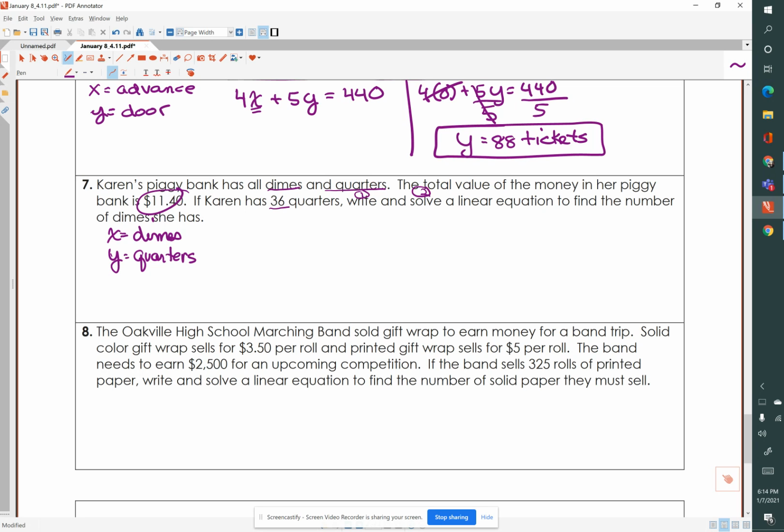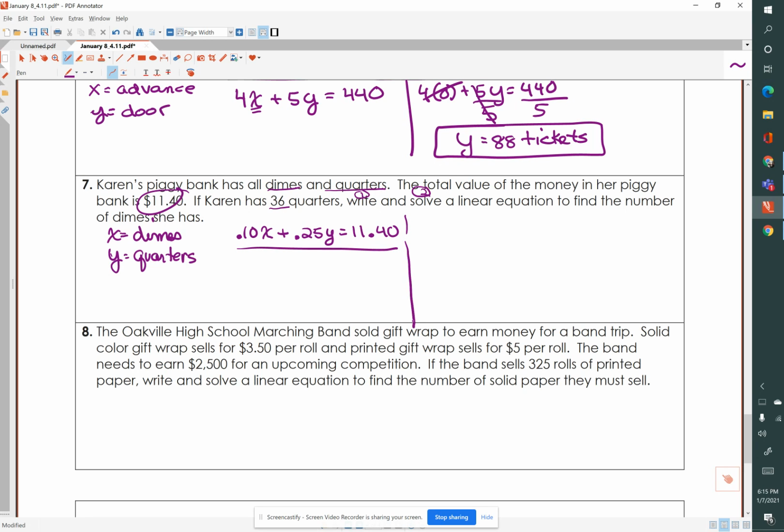So our standard form equation, dimes are represented 0.10 X plus quarters 0.25 Y equals, and she has $11.40. So that's our standard form of the equation.